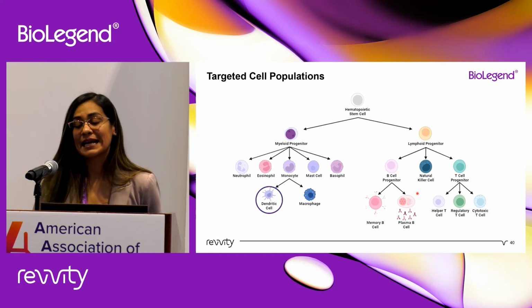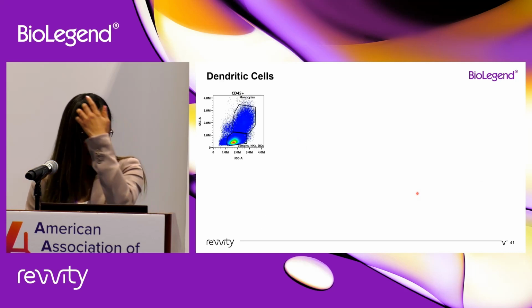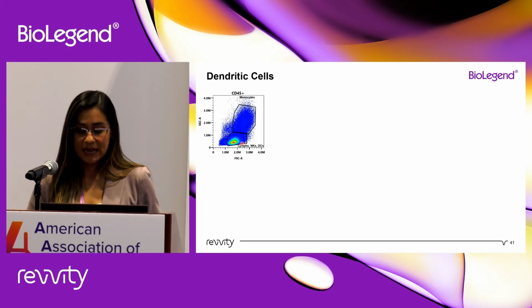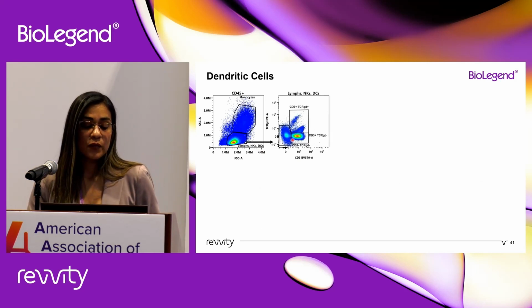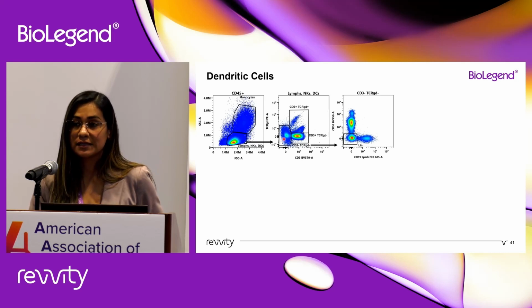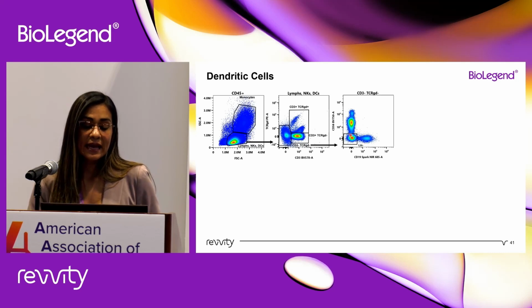Now let's analyze the dendritic cells. For the dendritic cells, we are going to start here in the lymphoid, NK, and dendritic cells gating, and we are going to exclude T cells gating on the double positive population for CD3 and TCR gamma delta. Then we are going to exclude also B cells and NK cells gating on the double negative population for CD19 and CD56.